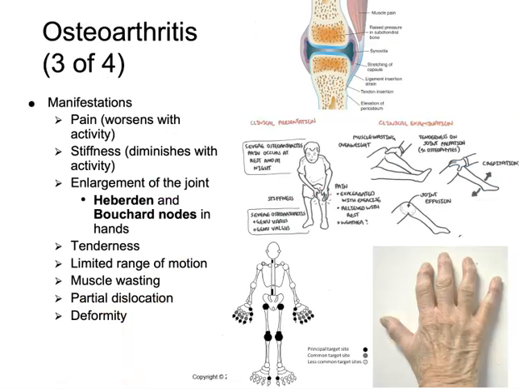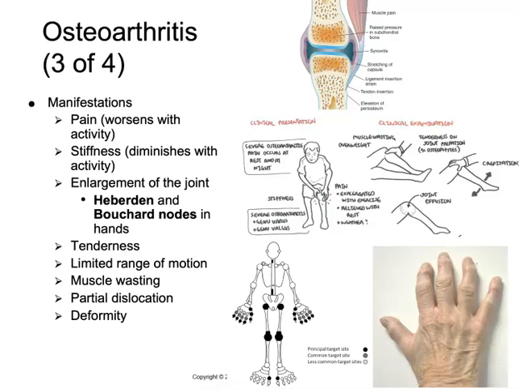When it comes to the clinical manifestations, it's often asymptomatic, but one of the manifestations we'll have is pain, and that tends to be a more predominant symptom, especially as it progresses, where we're going to get a deep, achy type of pain. It's going to worsen with activity and is relieved by rest in the early stages.